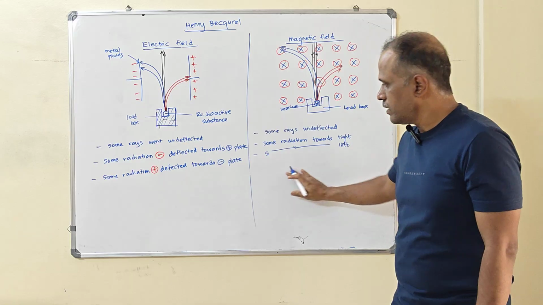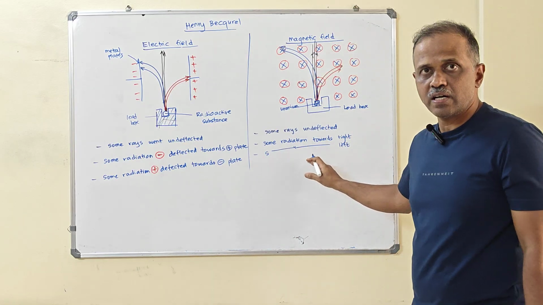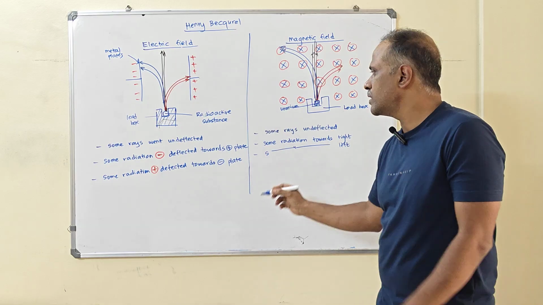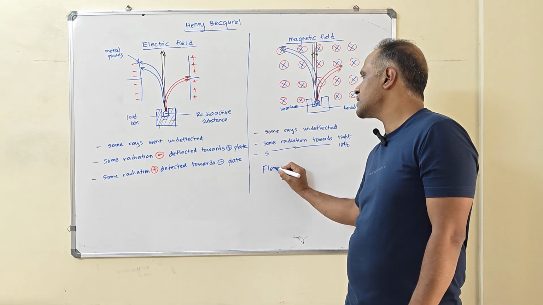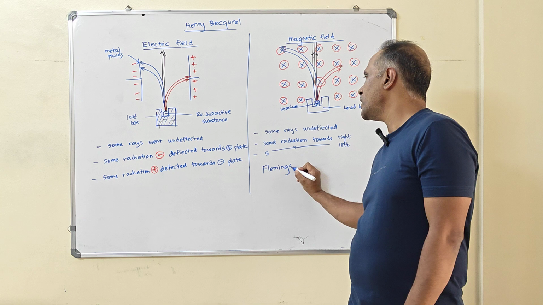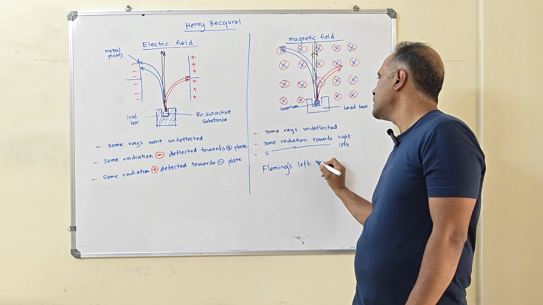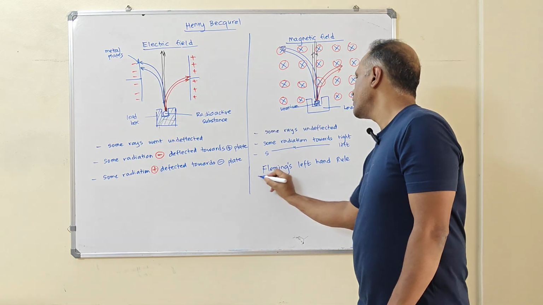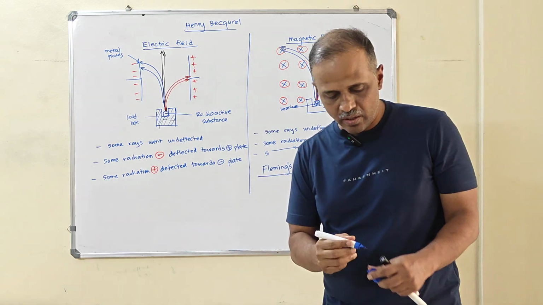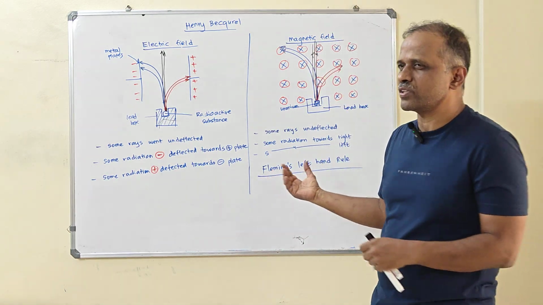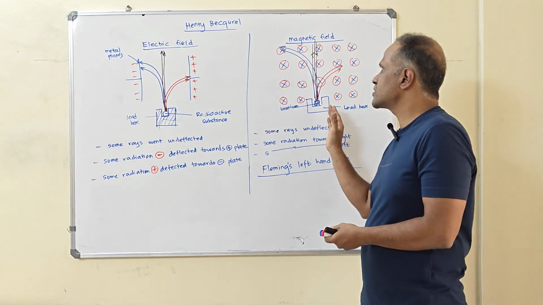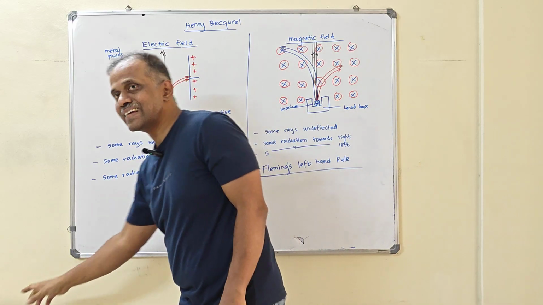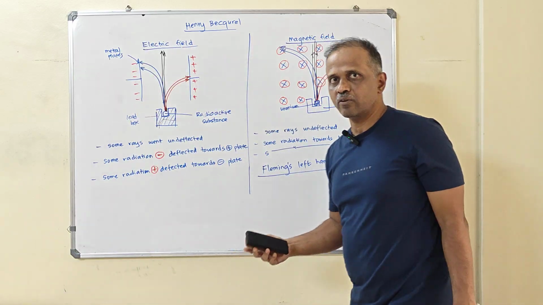And what is the nature of charge and everything we would be studying. For the time being, you remember that the deflection is given by Fleming's left hand rule. We will be studying about this Fleming's left hand rule in the chapter of electromagnetic induction, but for the time being, you remember that the deflection of these radiations is given by Fleming's left hand rule.